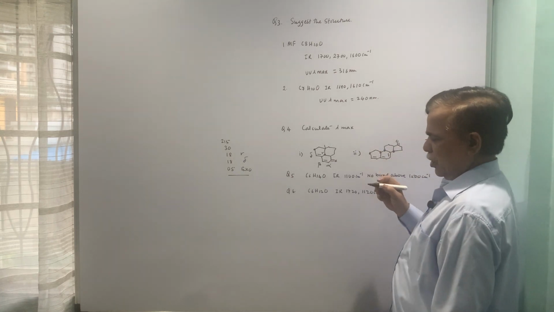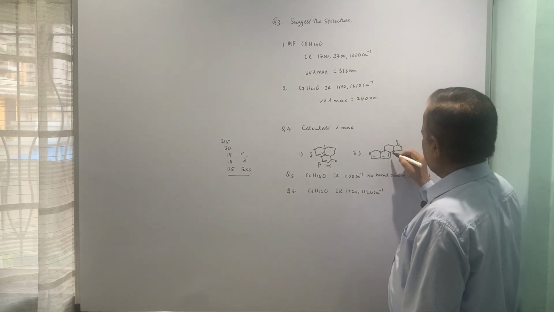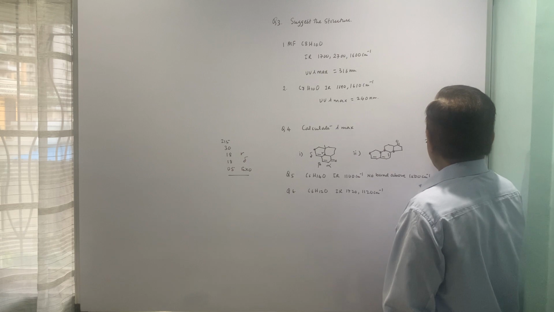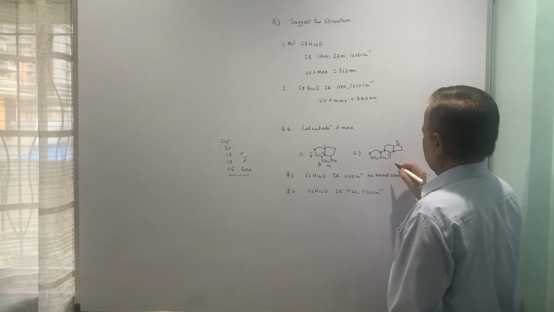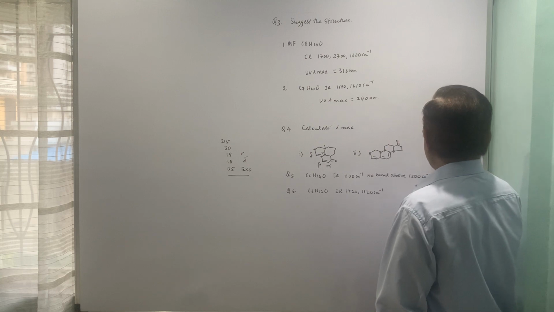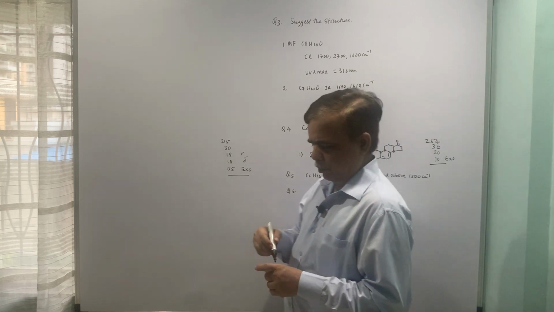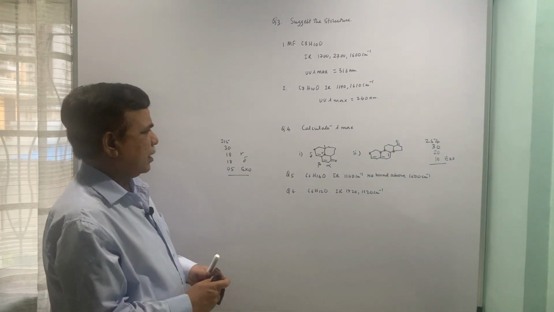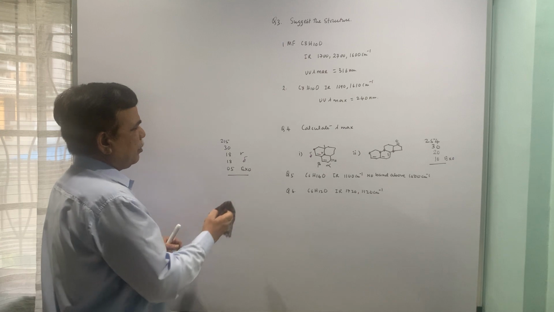A common substituent has to be encircled, but common is not there. This is 1, 2, 3, 4, so 4 alkyl substituents, and exocyclic, this is 1, this is another, so 2 exocyclic. So do the summation and get the answer for it; that summation part should not be a problem.